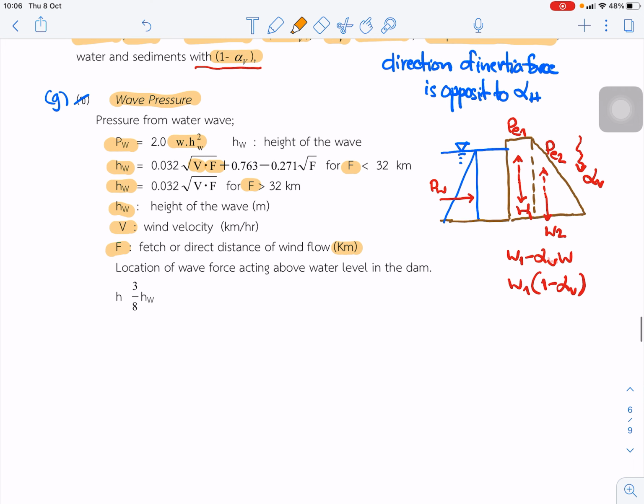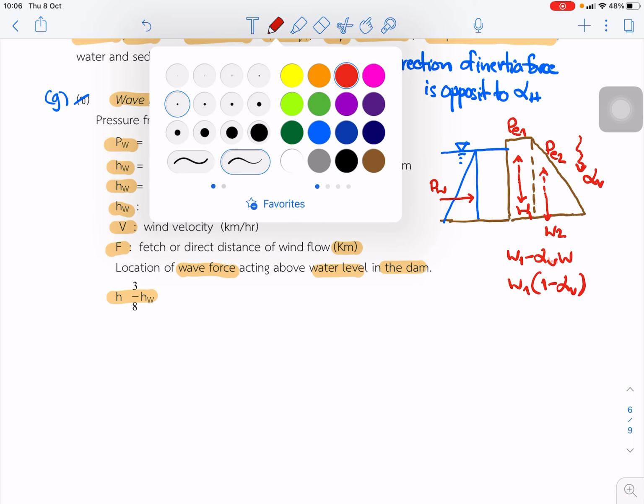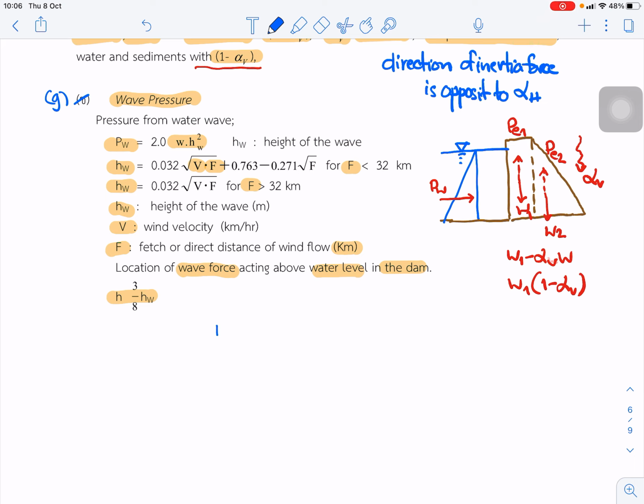The location of the wave force acting above the water level on the dam is 3/8 of HW. So we can draw like this. It is assumed this is the height of the wave, and this is the pressure from the wave.